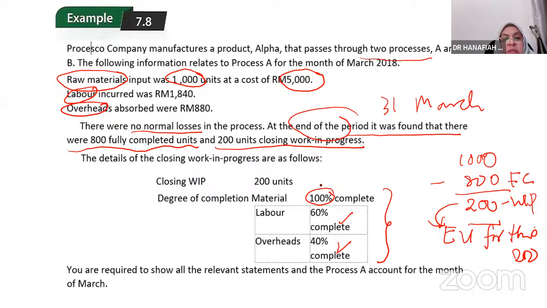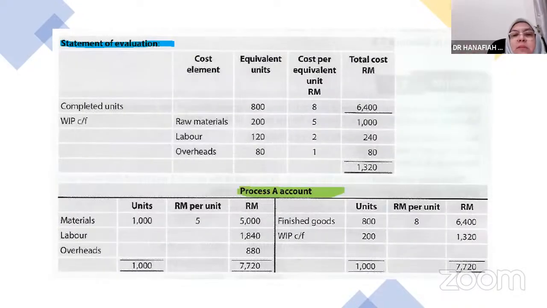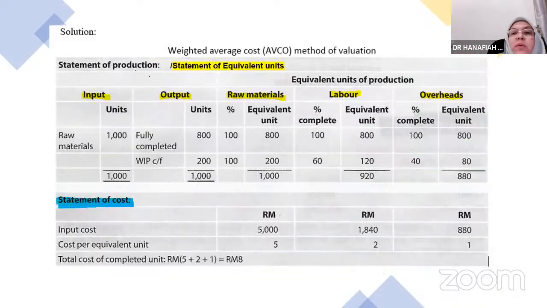So now, based on this information, we have to prepare the 3 statements and the process account. Let us look at how we can solve this. Let's say I'm using this method. No worry, I will teach you about this method in detail after this. We take this as an example for a simple calculation first.